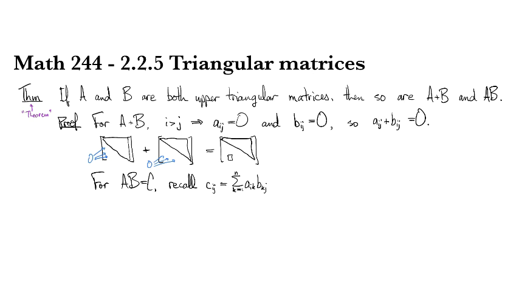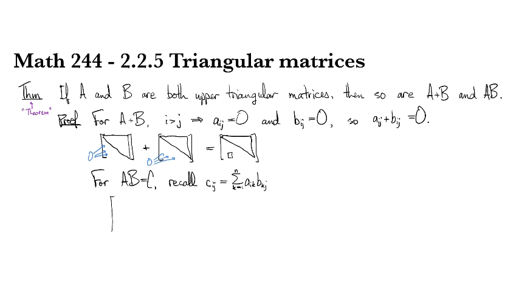Well, we'll do the same thing. I'm going to take a little doodle just to get an idea of what's going on here. Here's the upper portion of A, and here's the upper portion of B, and we are multiplying these together to find out what's going on with C. Oh, I missed a line.